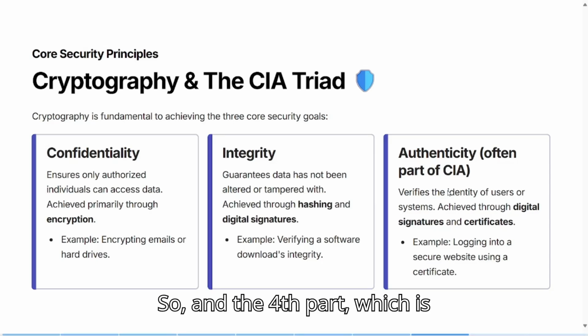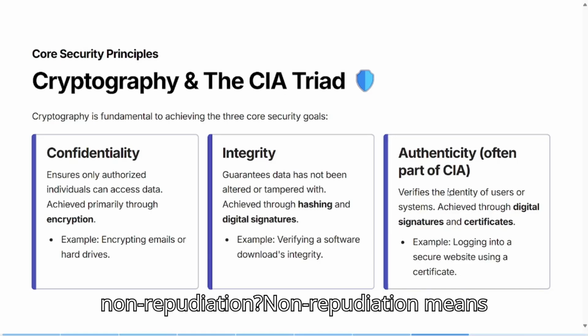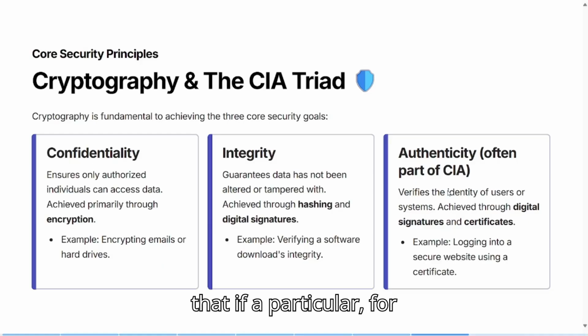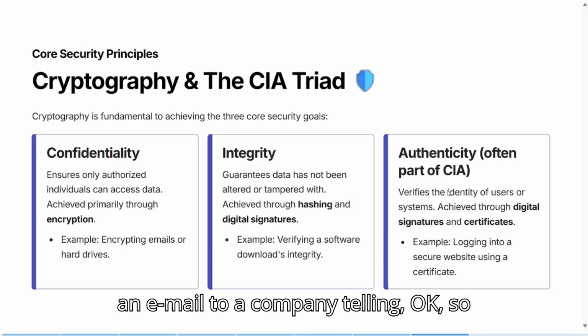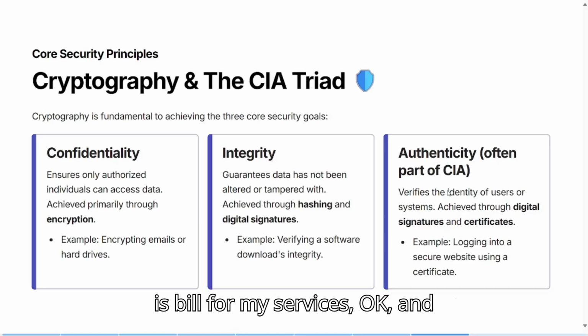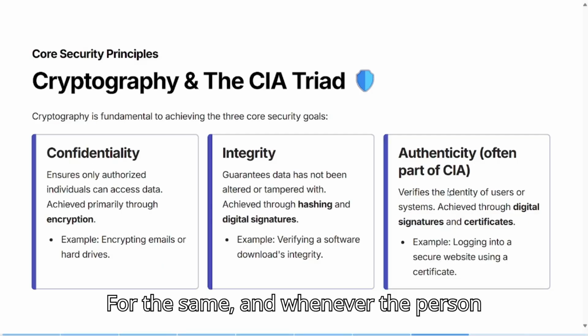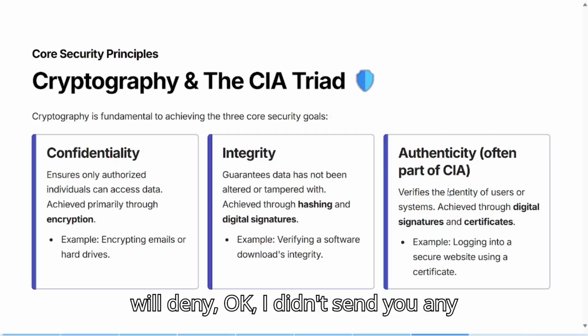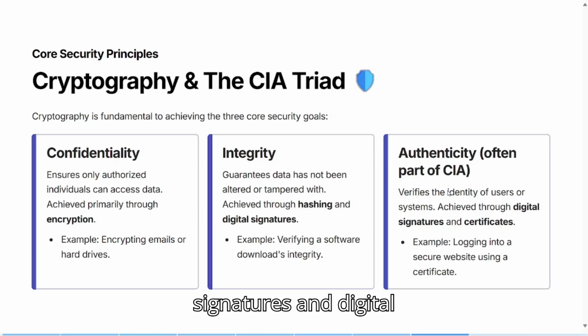The fourth part, which is a new one, is non-repudiation. What is non-repudiation? For example, if a person has sent an email to a company saying, this is the bill for my services, the company will also have the record, and if the person later denies it, saying I didn't send you any bill, the company will have the signatures and digital certifications of the sender.